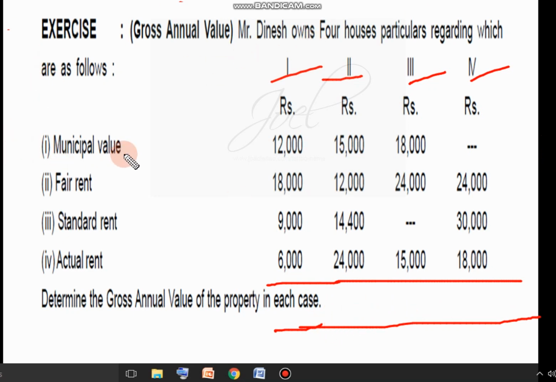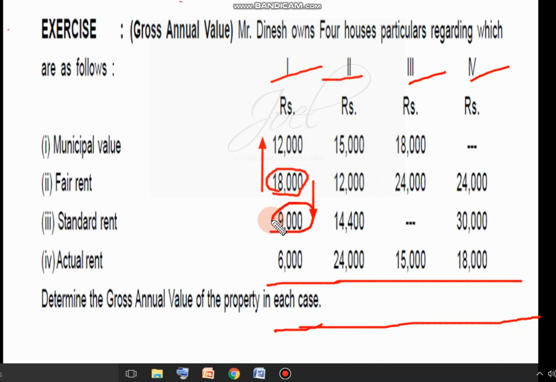In the first case, out of the municipal value and fair rental value, the highest one is 18,000. So 18,000 is the highest value which you have to consider. One more amount you have to compare is the standard rent. When you compare these two amounts, the lowest amount you get is 9,000.